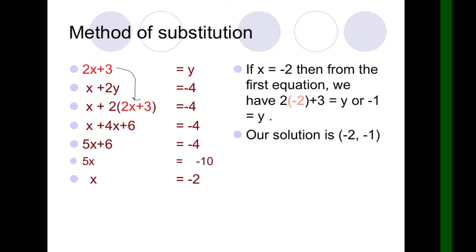So we have 2x plus 3 equals y and x plus 2y equals negative 4. Let us substitute 2x plus 3, since this is our first equation and this is our second equation.